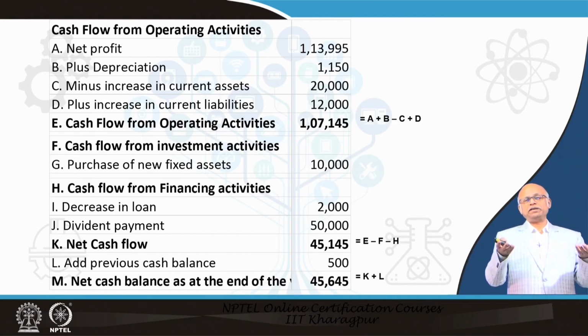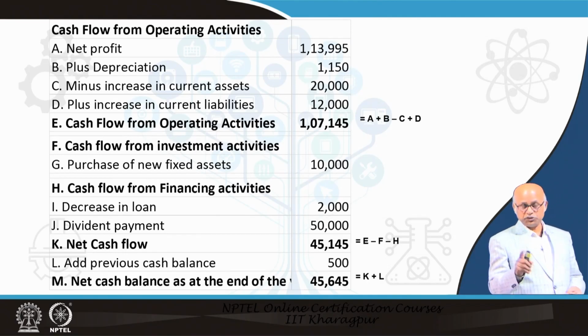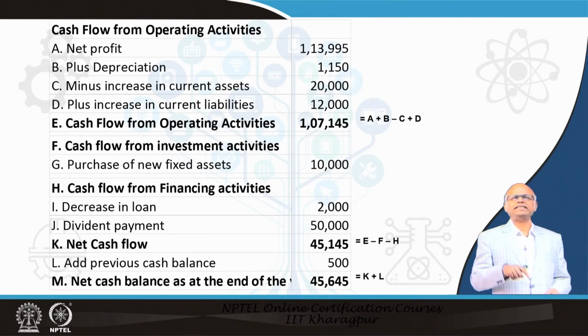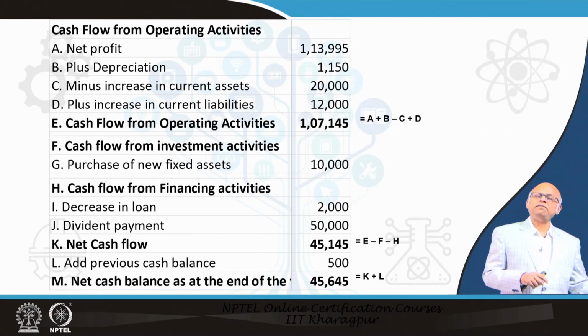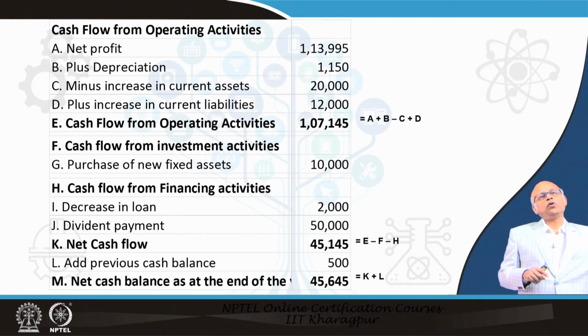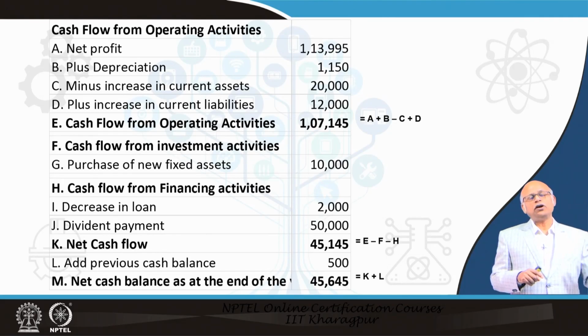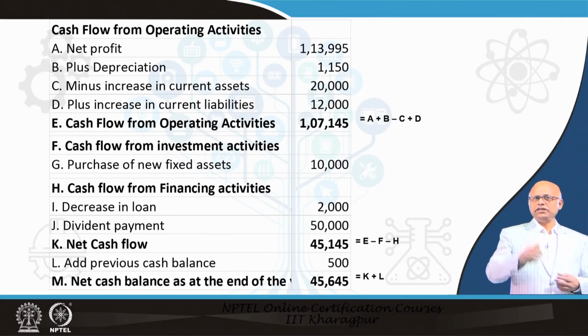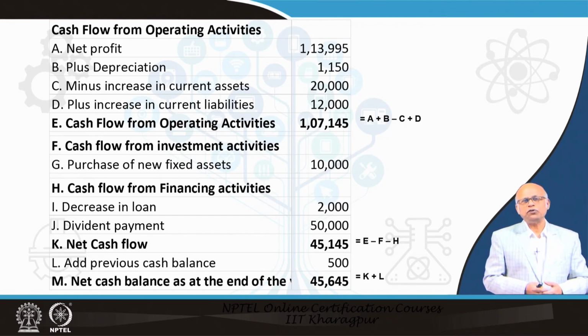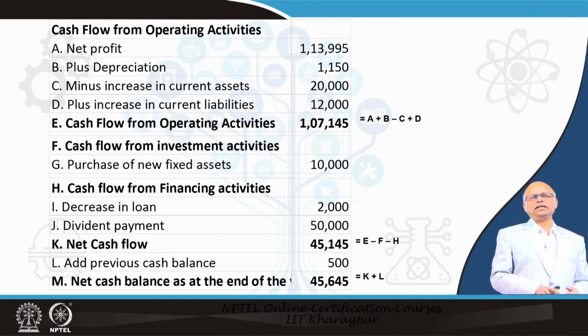Current asset has gone up, that means it has consumed a lot of cash. So, that is to be subtracted, plus increase in current liabilities. Our current liabilities has gone up, that means we have got more and more stock on credit. So, we are doing business on somebody else's money, so that is why it is plus. Cash flow from operating activities is A plus B minus C plus D, which is 1,07,000.